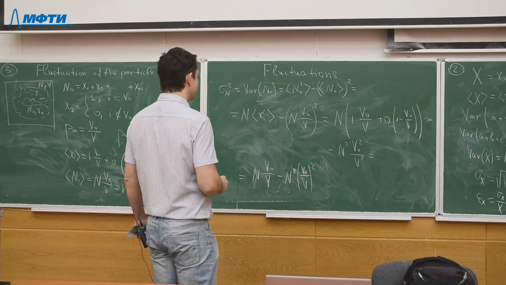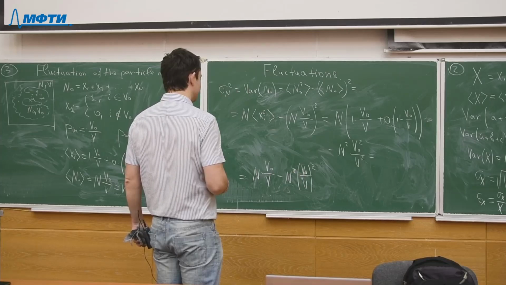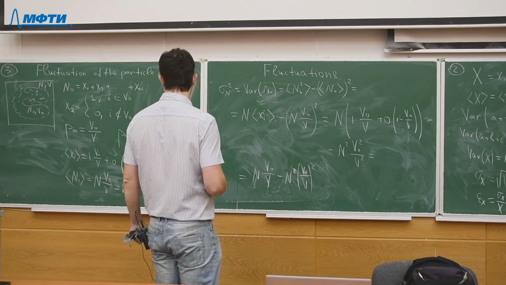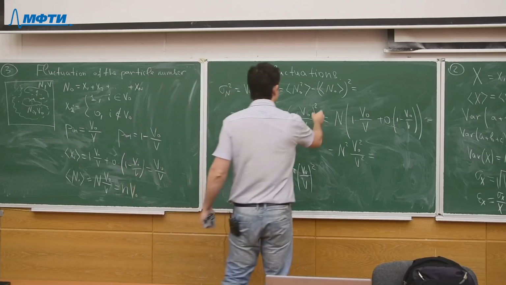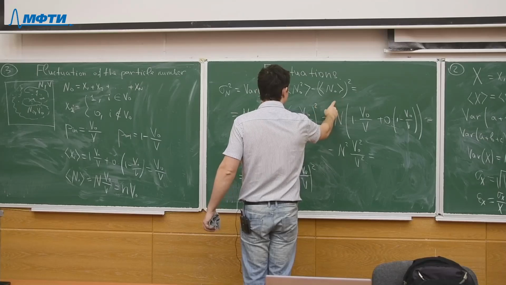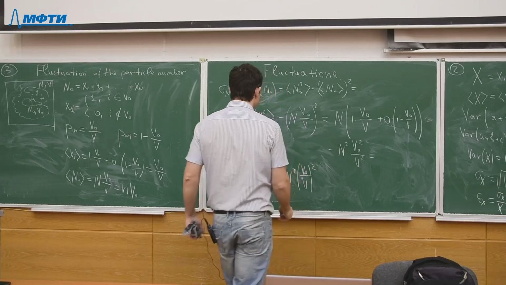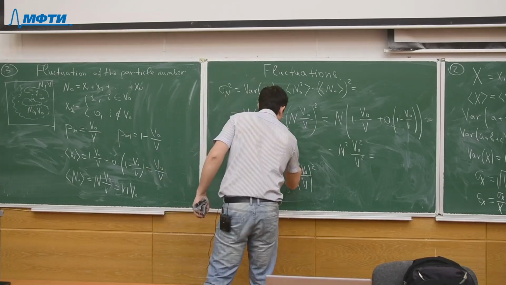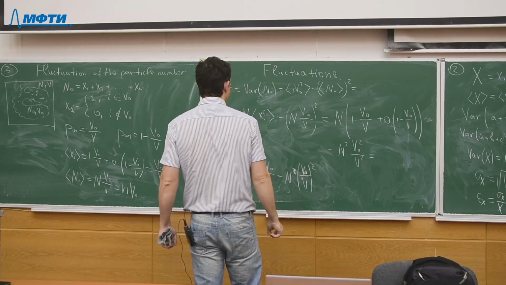Okay, let me see that once again. N times V0 over V, and then the number which goes into that side is the average of this. It turns out that the sum of these two numbers is very small.